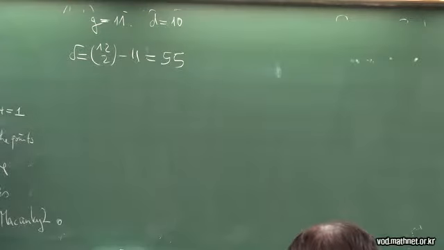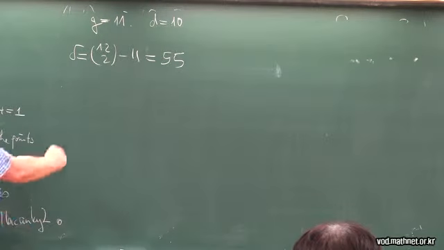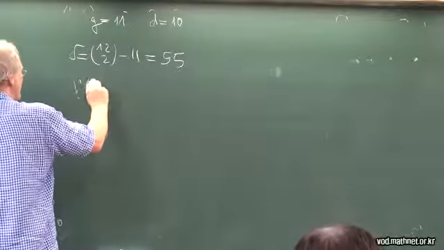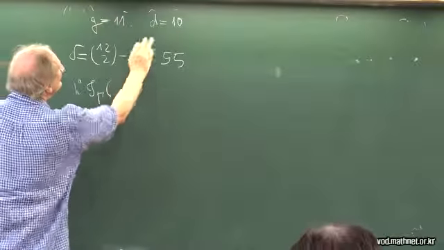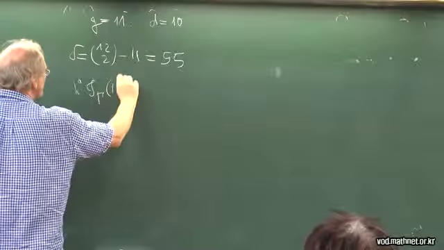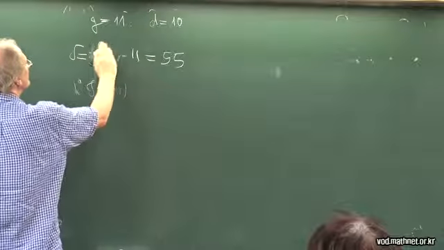Is this correct? 6 times 11 minus 11, 55. No, this was wrong.